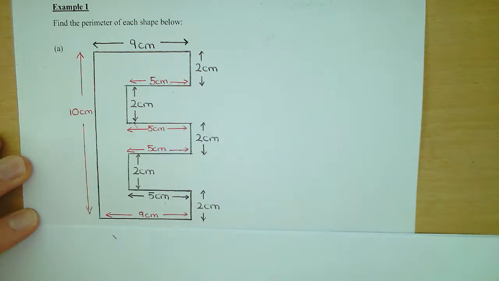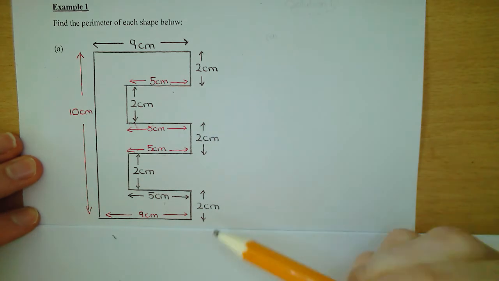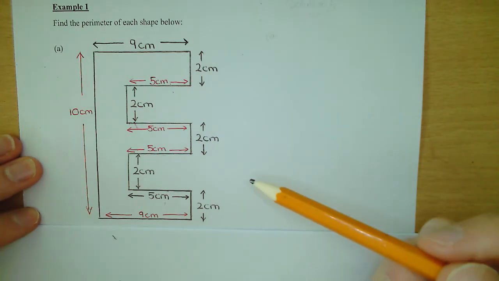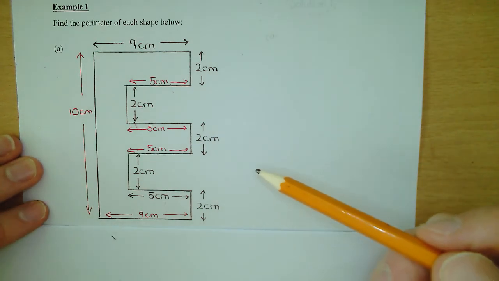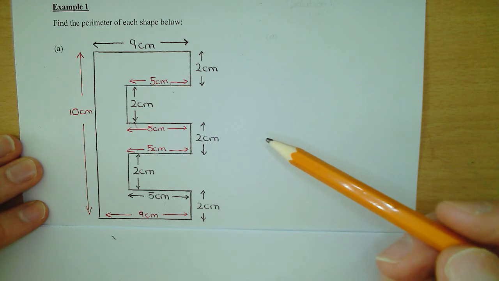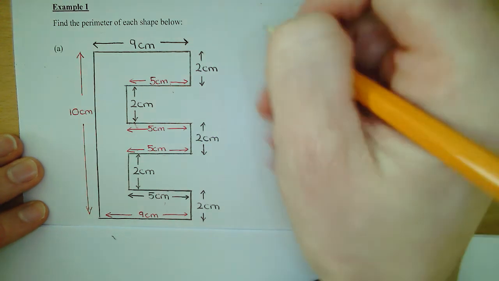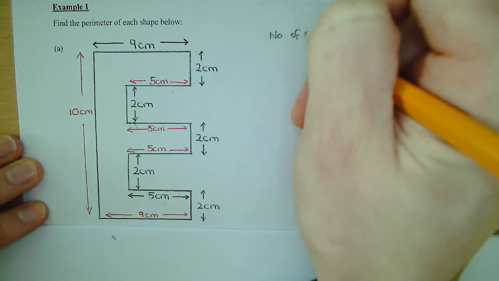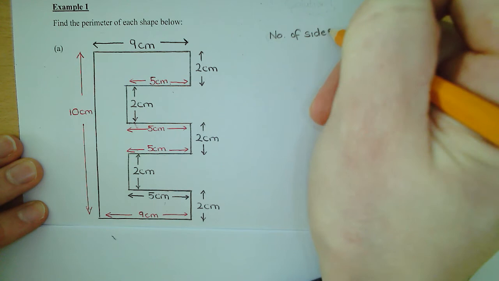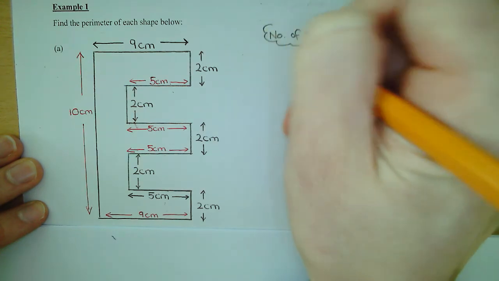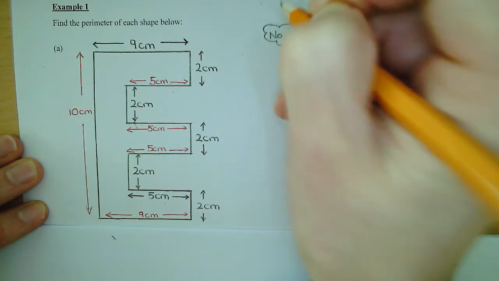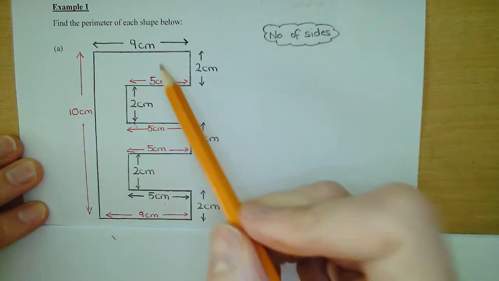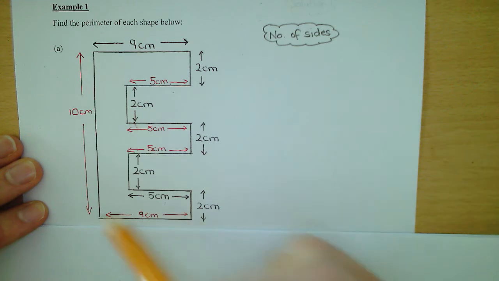Now, before we actually find the perimeter, we're going to count how many sides there actually are. So the first thing we do is put a title down, number of sides. And then what we do is we pick a corner on the shape, any corner at all in the shape.